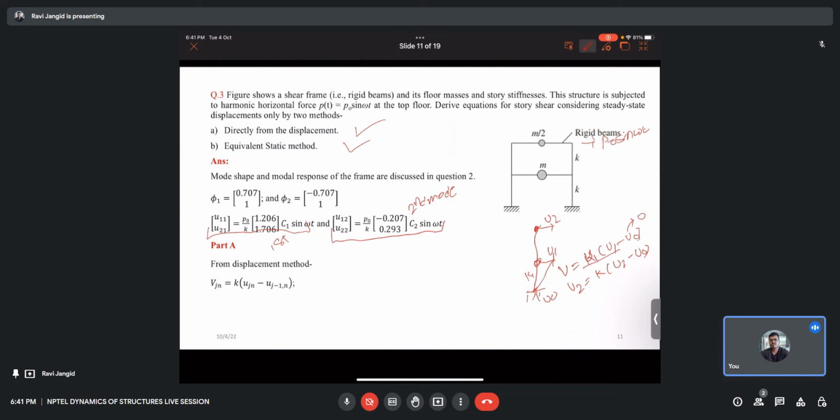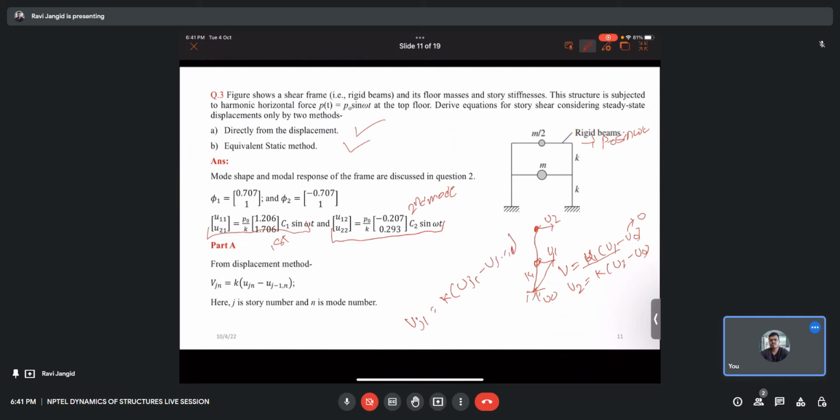So for the displacement method, Vjn comes out to be k into ujn, where j is the story number and n is the mode. Corresponding to the first mode, Vj1 is k into uj1 minus u(j-1),1.